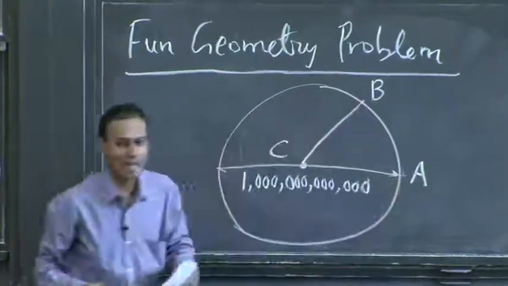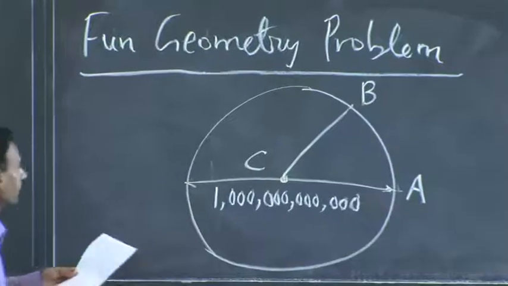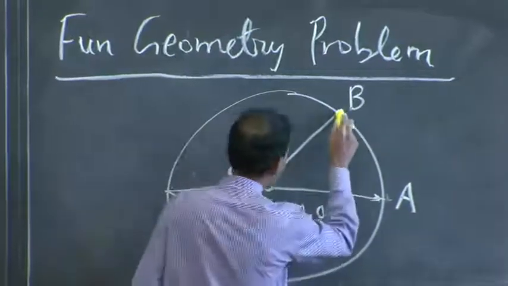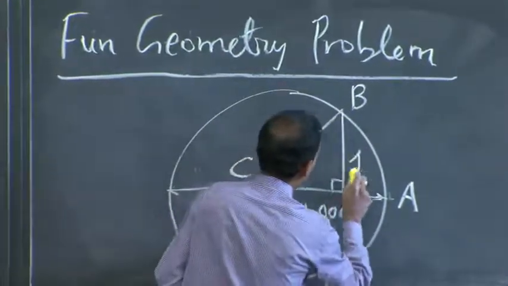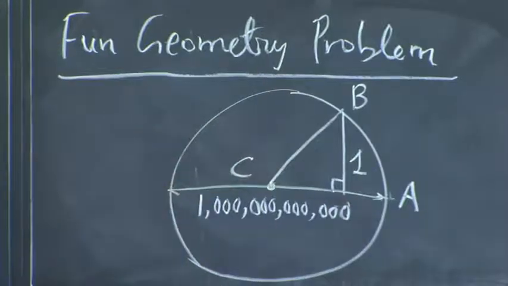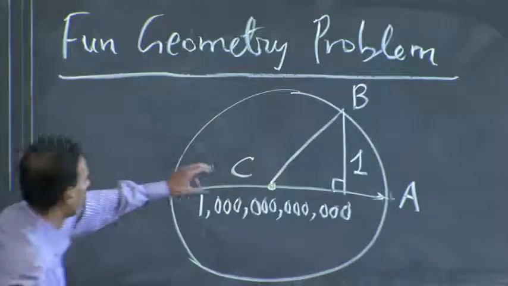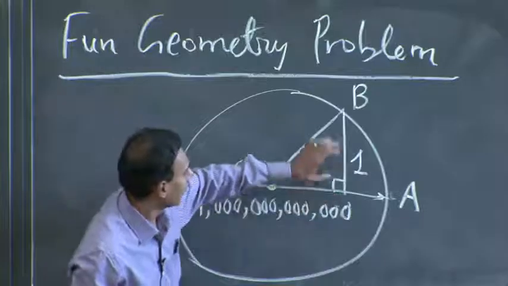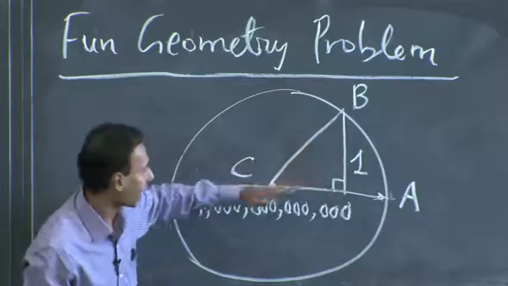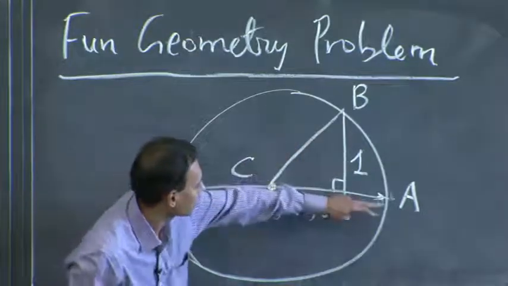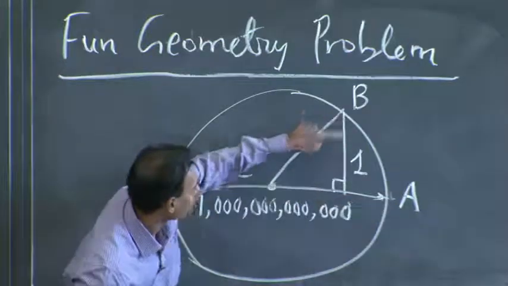And that's A. What I'm going to do is drop the perpendicular down, which is 1 unit high. So the way that this is structured is that this is 1 unit high.